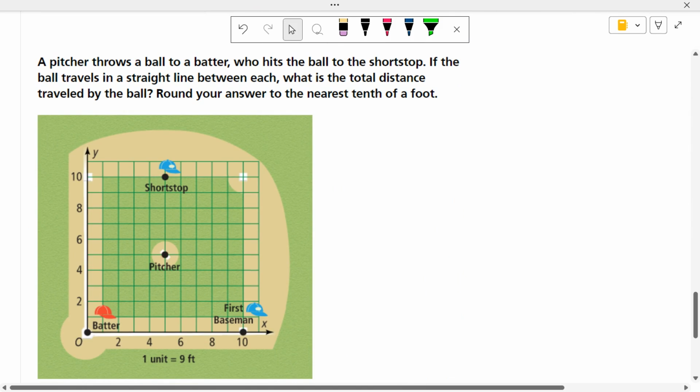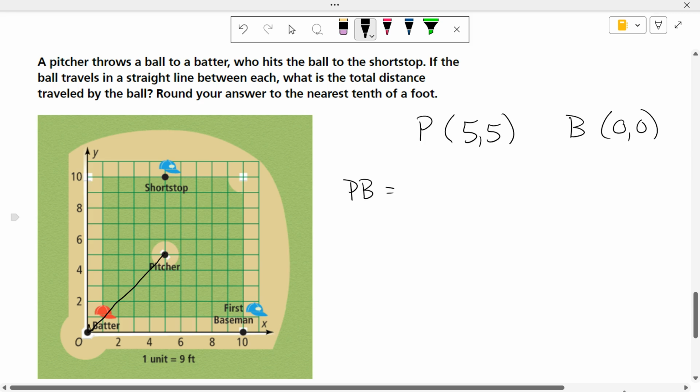Okay, a pitcher throws a ball to a batter who hits the ball to the shortstop, and the ball travels in a straight line. Okay, so pitcher to the batter, straight line. Now the pitcher is at 5, 5. The batter is at 0, 0. How far did the ball go from the pitcher to the batter? From P to B. Well, we take the distance formula.